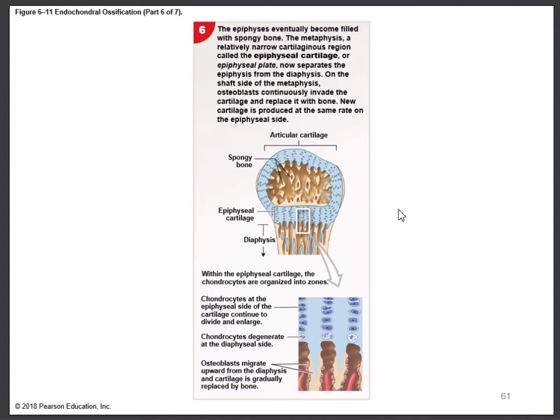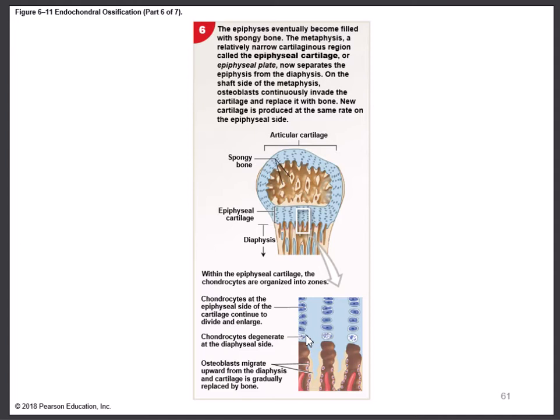So what they did here, this is actually a good picture. They take the epiphyseal cartilage and a piece of the diaphysis over here, and they blow it up so that we can see, as chondrocytes continue to divide and form, this epiphyseal cartilage is going to get wider, making the bone grow in length. The cartilage cells at the bottom of the epiphyseal cartilage start to break down.